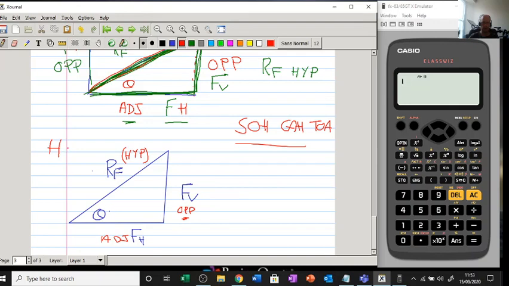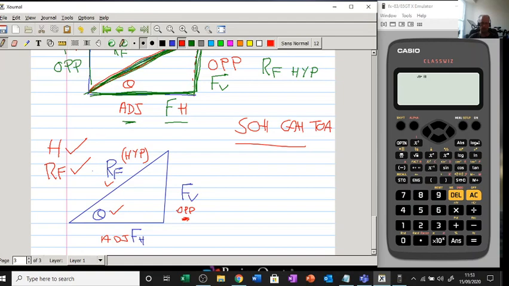You'll have a value for that, which can be the same as the resultant force. So we know this value. We also know this value, because I'll give it to you. If I want to find the opposite, that's the opposite side, which could be my vertical force.